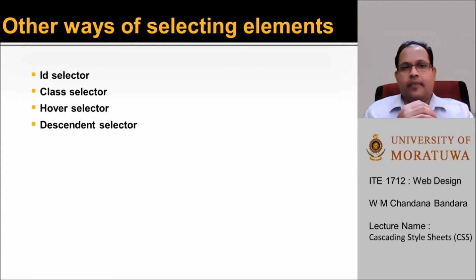And finally, we can also use a descendant selector, where we can select the child element of a parent element. For example, if we take a UL unordered list element, there are multiple list elements inside this unordered list. We can say apply this style to the LI elements within the UL element with this ID or with this class. Let's take a look in practice.